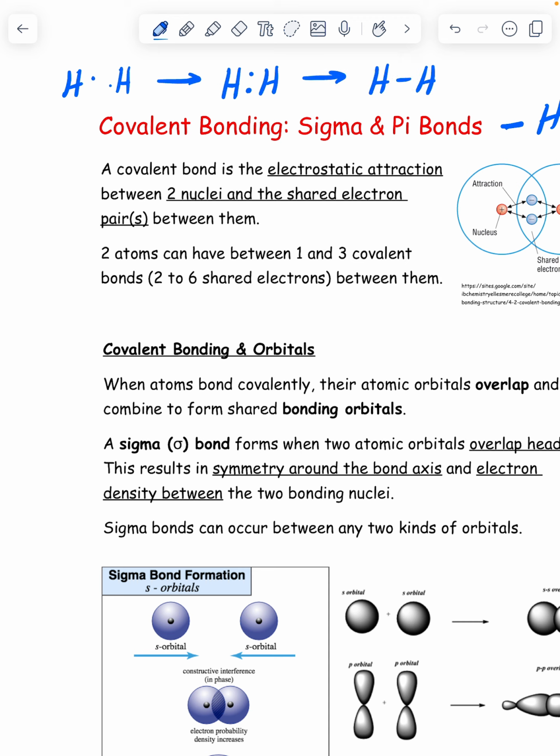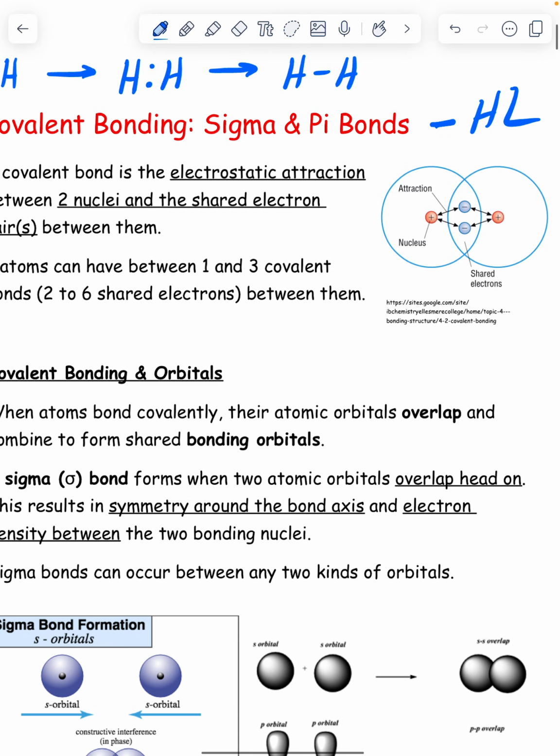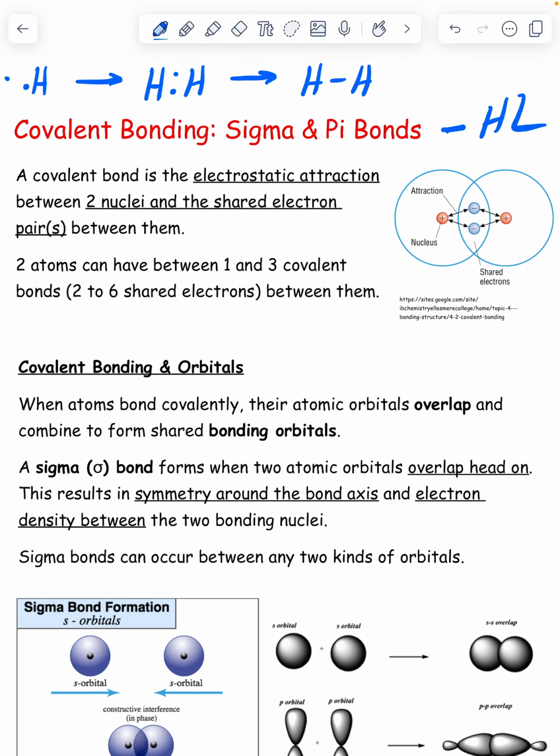But if we want to try to take this model of covalent bonding and actually align it with what we've learned about orbitals, then we have to incorporate what are known as sigma and pi bonds. So on the right here is a simple model, kind of like our Lewis structure, of what a covalent bond is. We've previously defined it as the electrostatic attraction between two nuclei and the shared electron pairs between them.